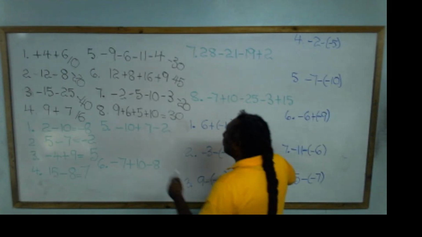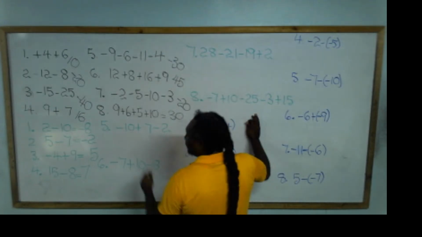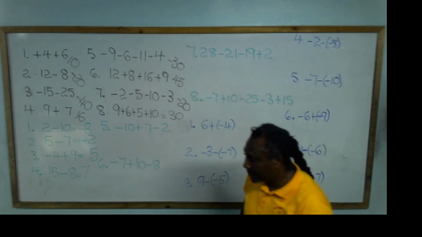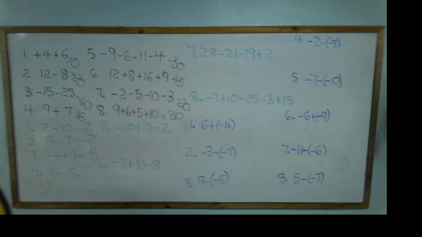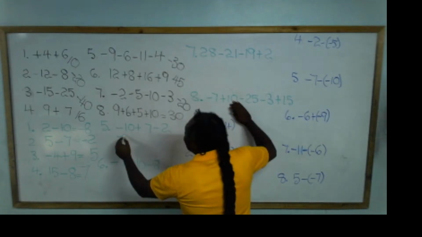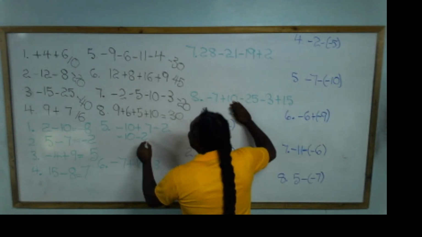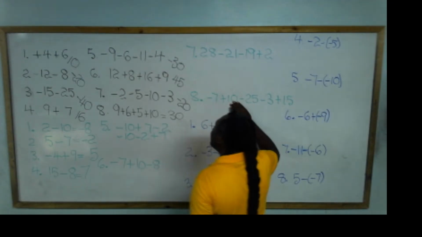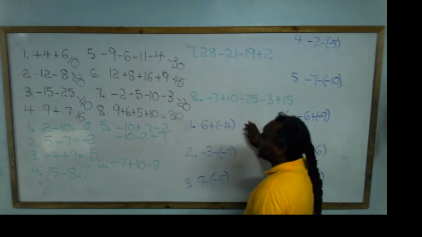I will put a negative 10 with a negative 2, plus 7. And what will I get?